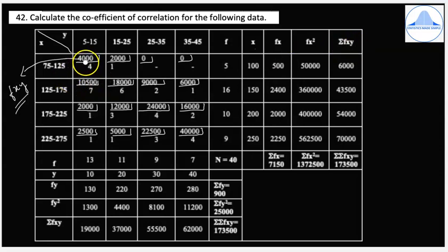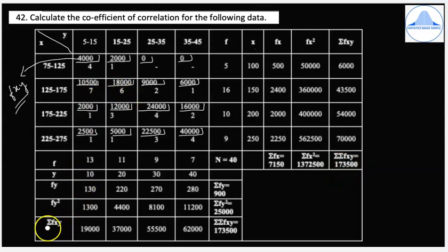If we add the values in each of these small squares, 4000 plus 2000 plus 0 plus 0 is 6000. Similarly, 10,500 plus 18,000 plus 9,000 plus 6,000 is 43,500. In a similar way, find out the totals in each of the cells. So you'll get 54,000, 70,000, and when you add up all these summation fxy, you get double summation fxy is 1,73,500.